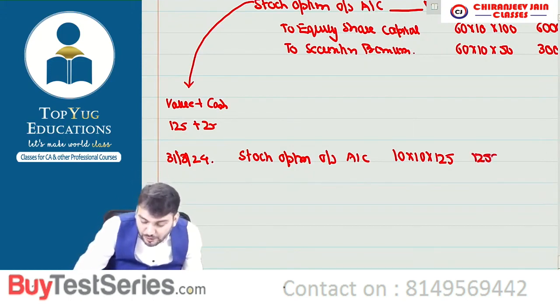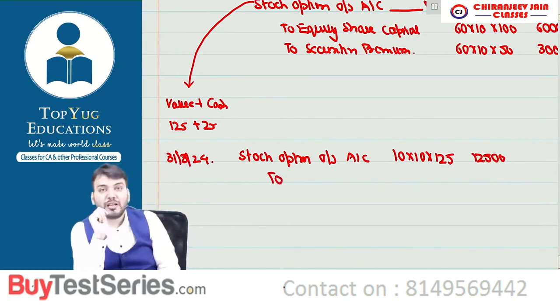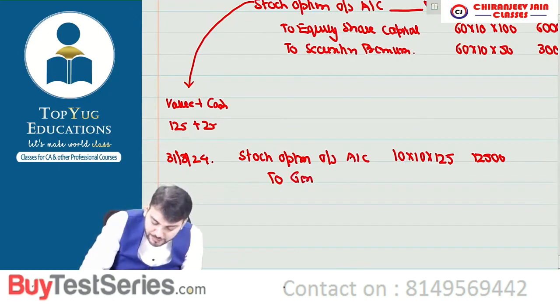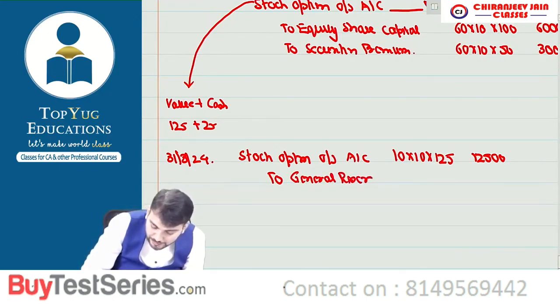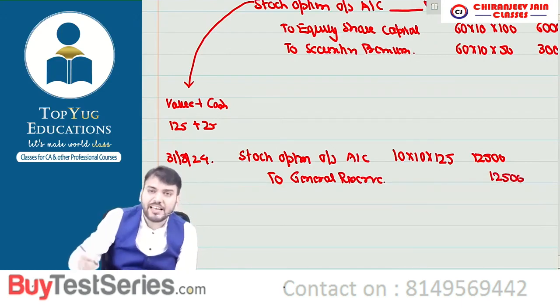But it will be transferred to which account? It will be credited to general reserve. 12,500. So it is cancellation.